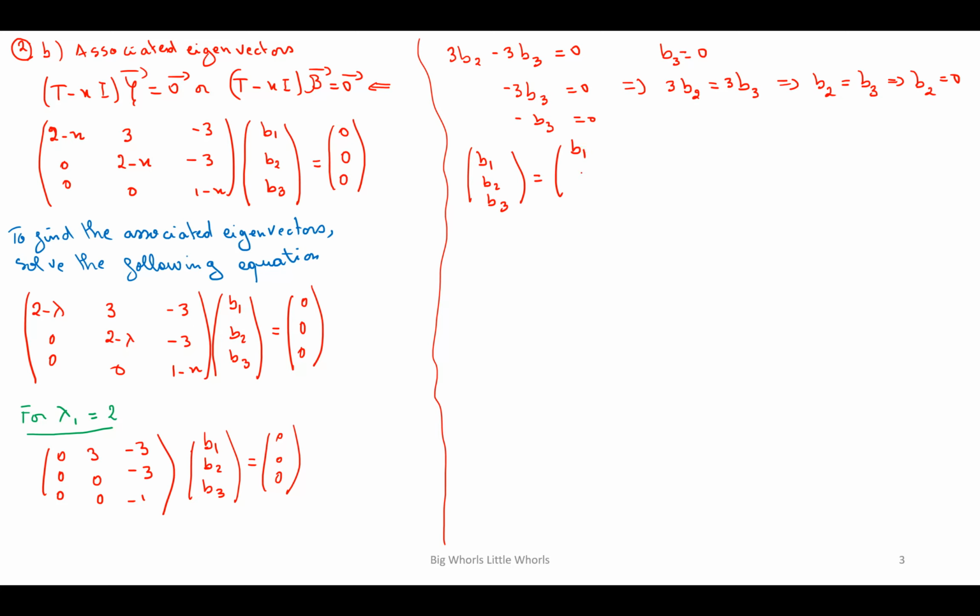We know b2 is 0, b3 is 0. So this is equal to 1, 0, 0 times b1, so we can write the solution like this.